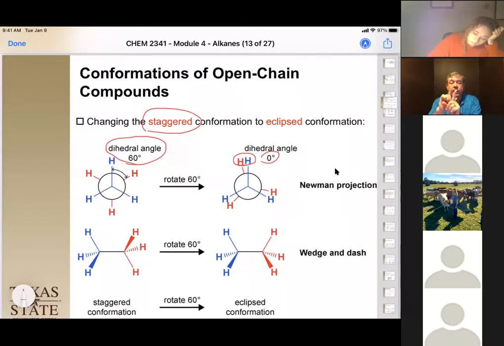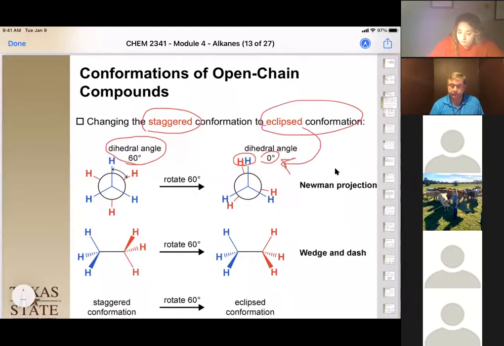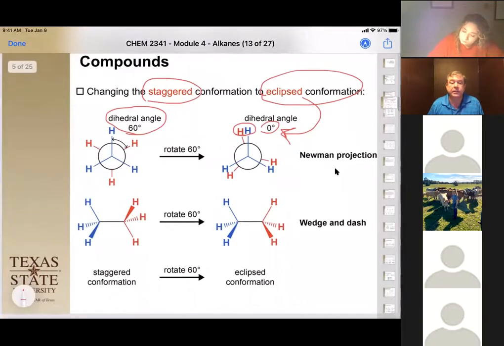So all we have to do is rotate that 60 degrees to get this eclipsed conformation. The eclipsed conformation has the 0 dihedral angle. Okay, and so it takes energy to do this, and we'll talk about that on the next slide. And then we can also do it in the dashed and wedge approach. However, the Newman projection here is going to be the easiest to identify.